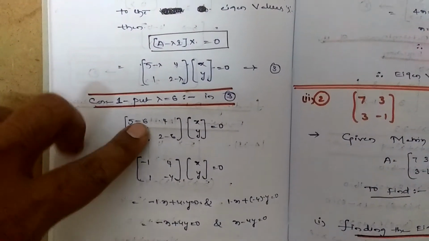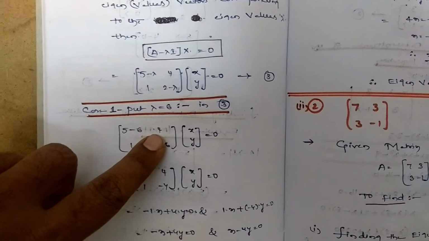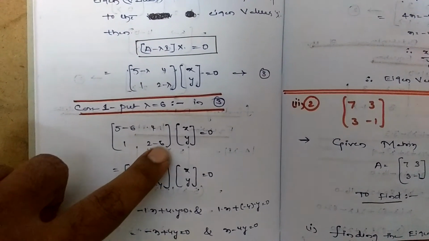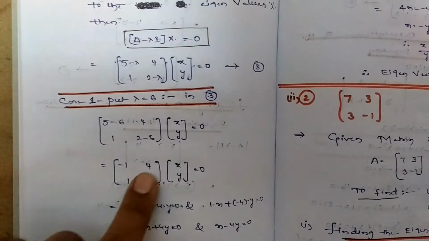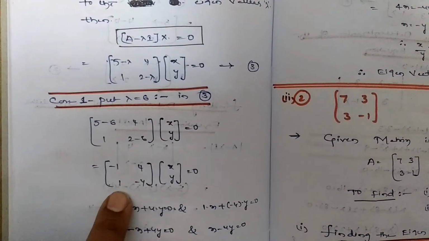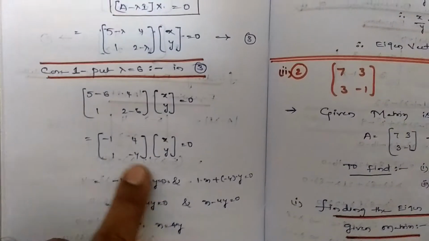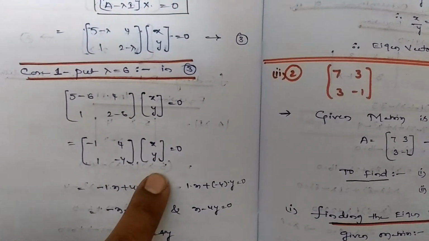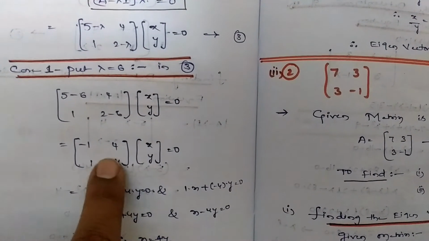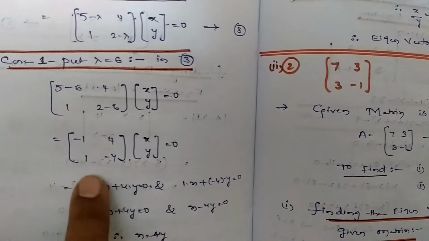5 minus 6, 4, 1, 2 minus 6, times the column matrix x, y, this will be the same. Now minus 1, 4, 1, minus 4, times x, y will be the same. Now taking the product here, minus 1 into x plus 4 into y, comma 1 into x minus 4 into y, is equal to 0.